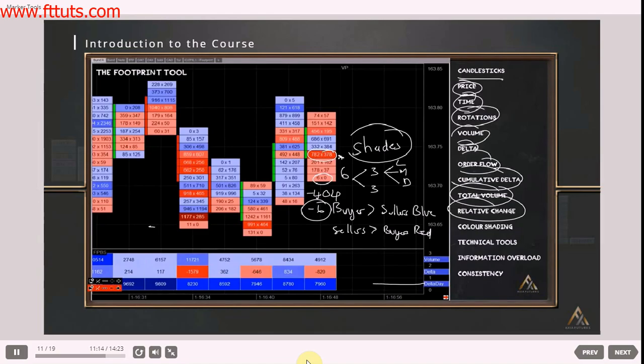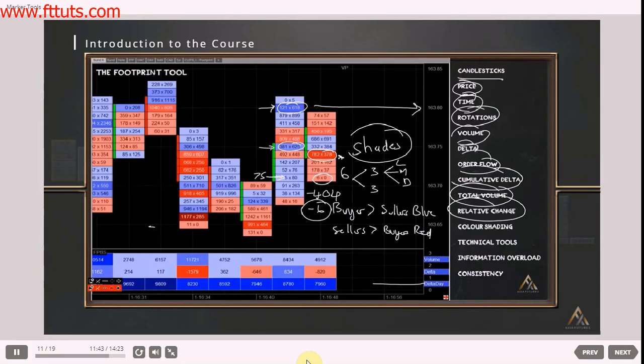Obviously with the buying, we can see in this example positive 75, therefore it's blue because there's more buying volume than selling at this price point. But then as we go a little bit higher, we can see a slightly darker shade of blue. Why? Because the delta is more positive, as there is more buying interaction occurring at this price. And the darkest shade of blue occurs where we have the highest positive delta at price point 80.